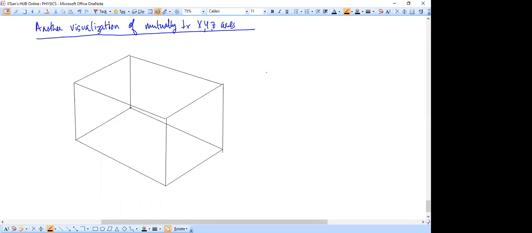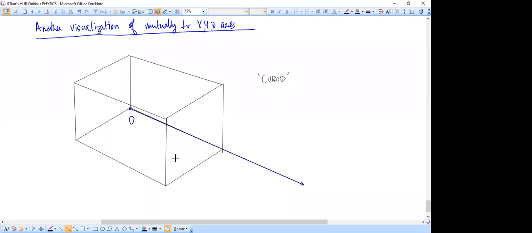Okay, so we have a cuboid like this. Now next what we are doing is any one of the corners of your cuboid, like this corner here, you are defining that as your origin. Then you define this edge as your x-axis.